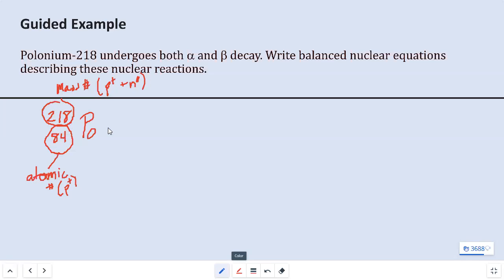So if we're undergoing alpha decay, the alpha particle we can write as either 4,2 alpha or 4,2 helium, since the atomic number 2 corresponds to the element helium. We can go either way.